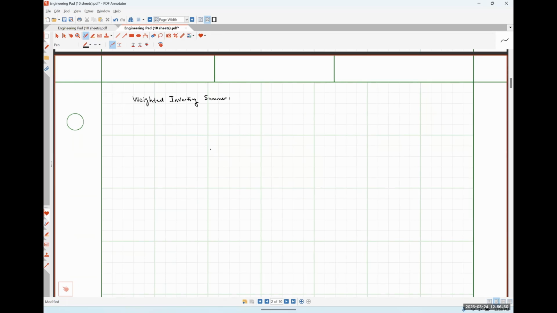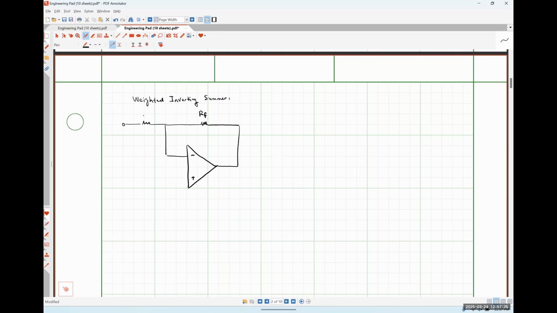So if I have my op amp here, and once again, I'm going to have negative feedback. So this is my resistor R sub F. What I'm going to do over here is a little bit different than what I did for the last example.